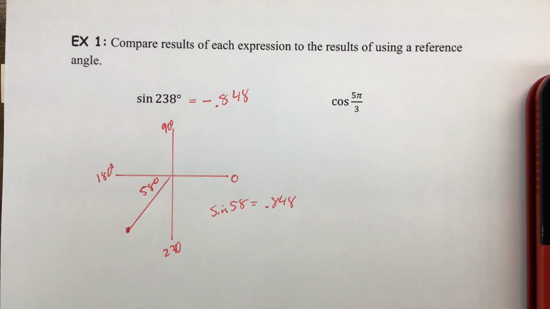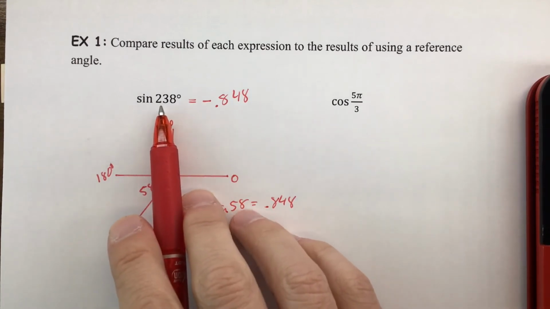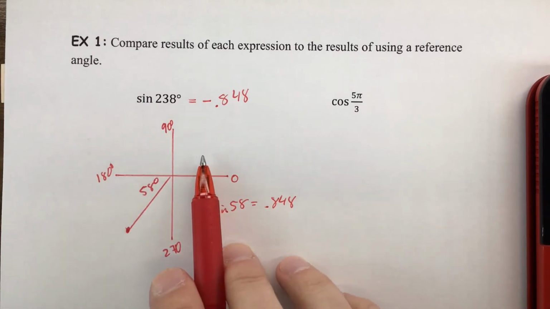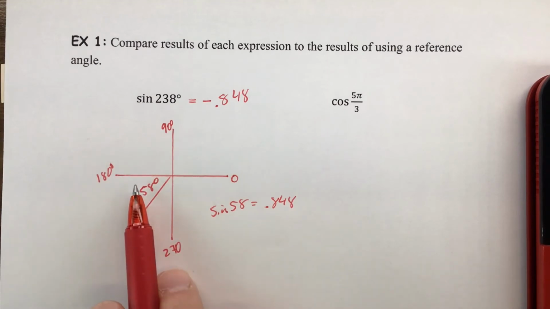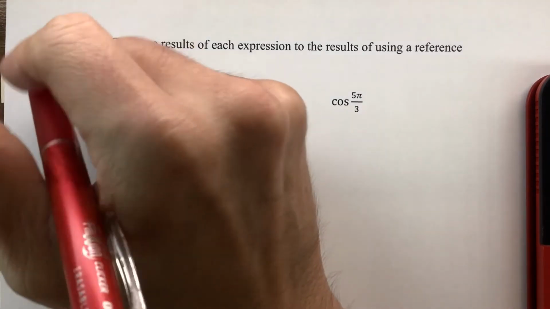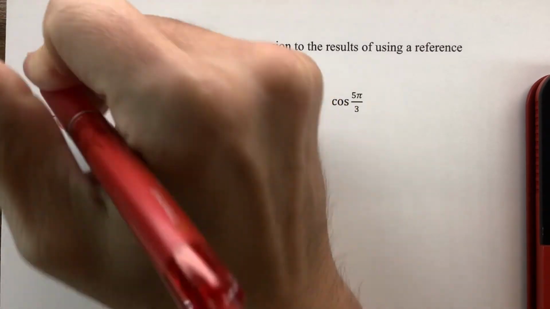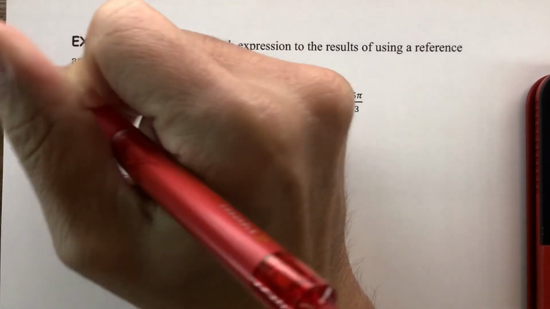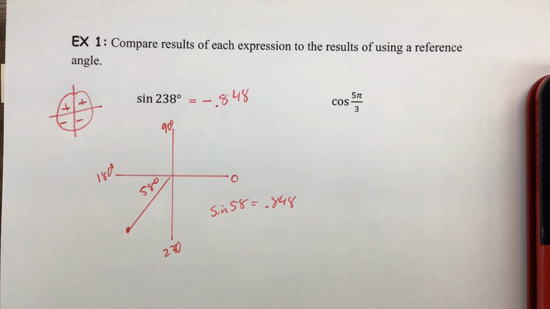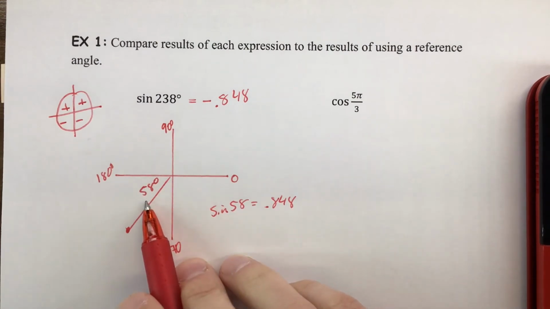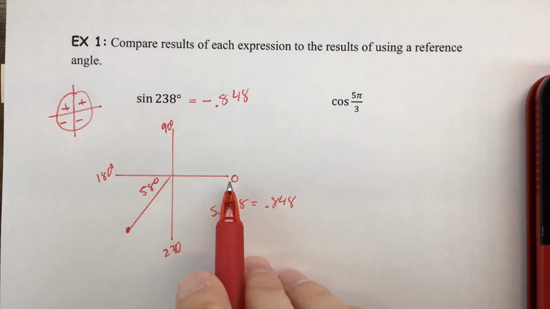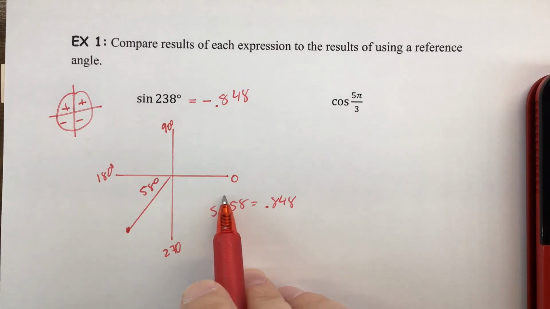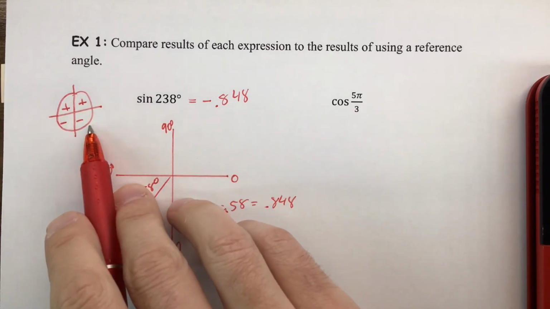Now, why is that negative? Because sine is based off of y values. And if you're in quadrants 1 or 2, you have y values that are positive, up here. But if you're in quadrants 3 or 4, they'd be negative. So if you can just remember that for sine functions, you're positive in the top and negative in the bottom, you can just take reference angles, figure out how far they are from 180 or from either 0 or 360, evaluate those numbers, and then just apply the right sign for what you have.